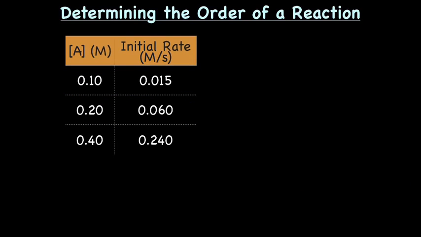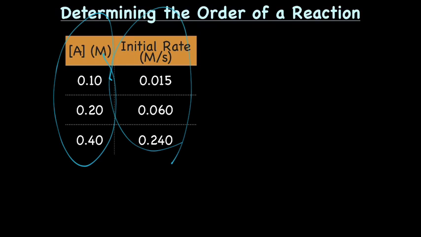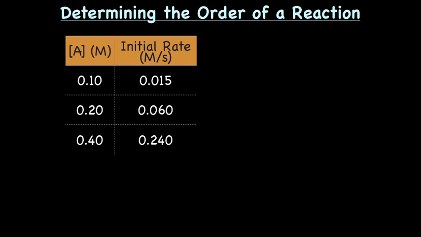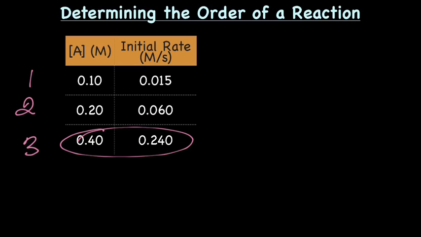Okay, let's try another one. We need to pick 2. We'll notice that the concentration of A is changing and the rate is changing. So we'll solve for 2 of these. I'm going to pick this time reaction 3 and 1 again. And I'll pick these 2.